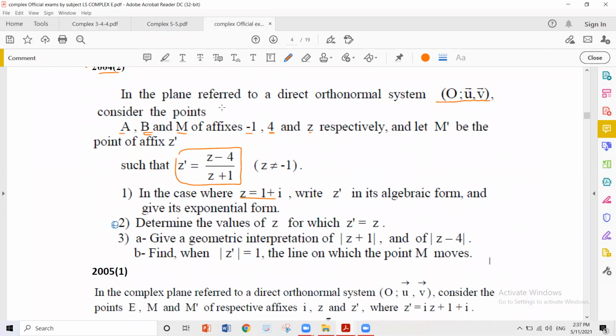Part B. Determine the values of Z if Z prime equals Z. How to solve this? How to determine the values of Z if Z prime equals Z?